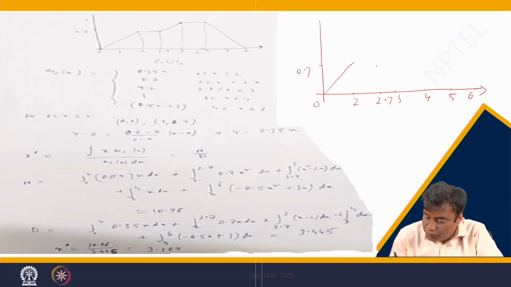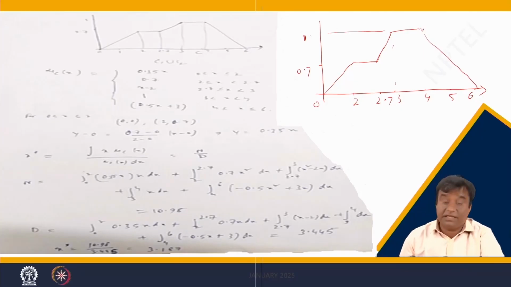From 2 to 2.7, the value is 0.7. From 2.7 to 3, it rises to 1. Then from 3 to 4, this is 1. Then from 4 to 6, it becomes a straight line going down.